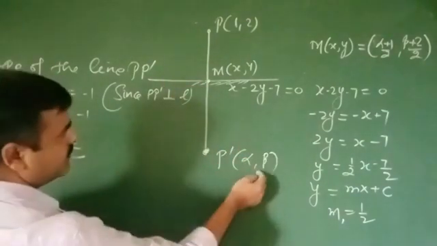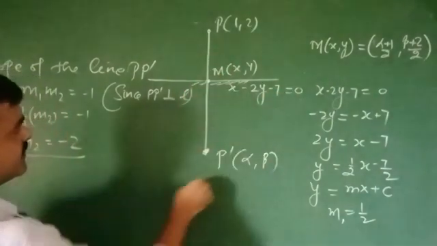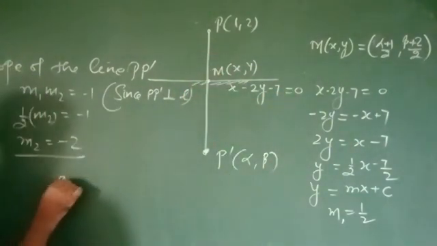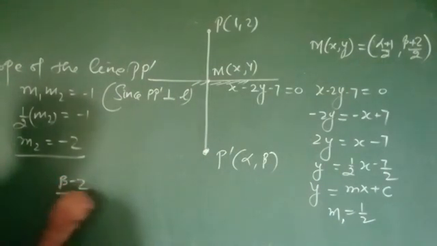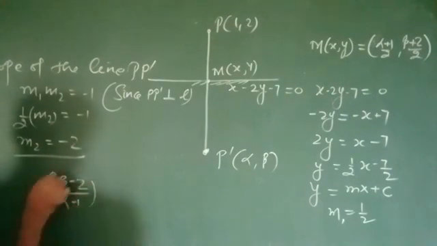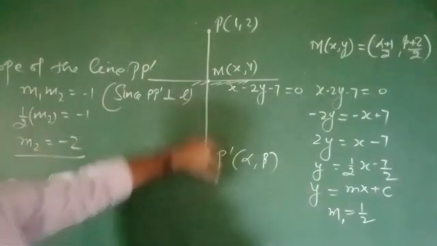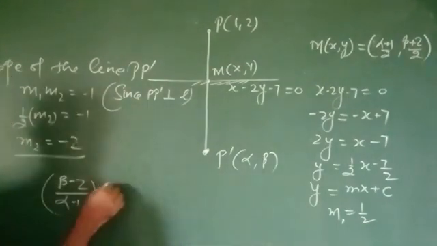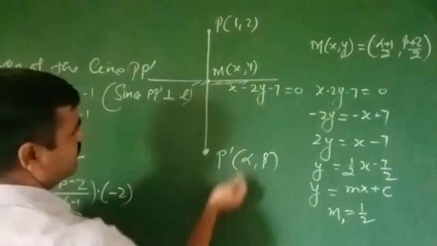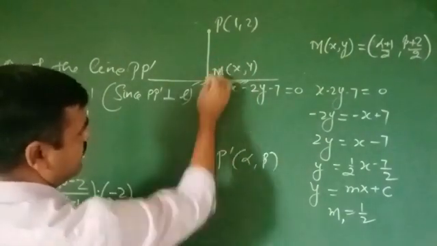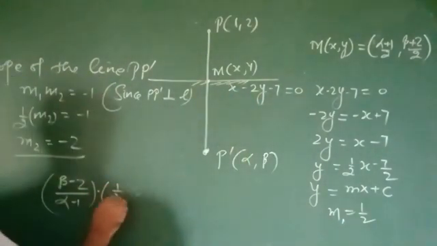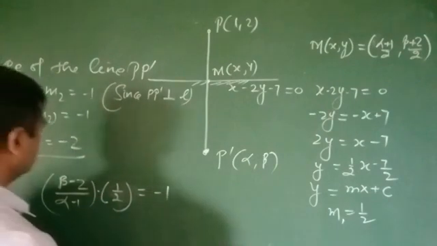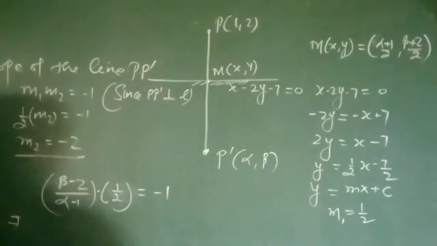So first of all, the slope of the line PP' is (beta - 2)/(alpha - 1), times the slope of the given line 1/2, equal to -1.